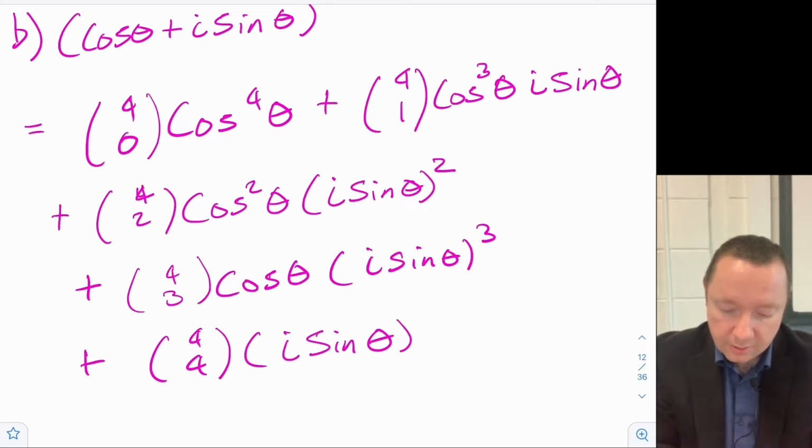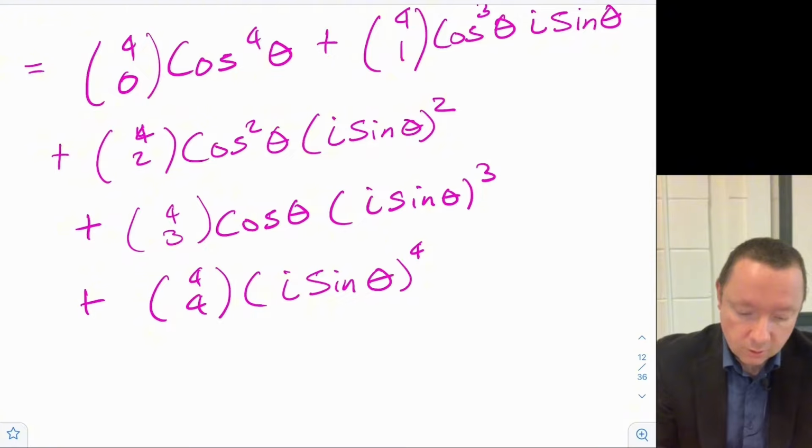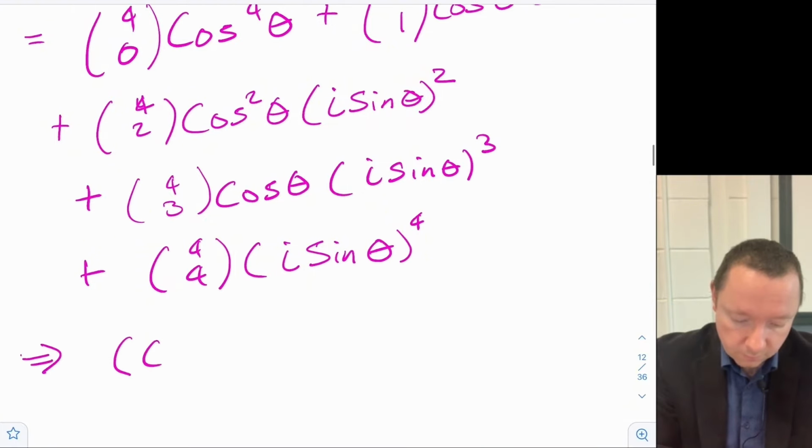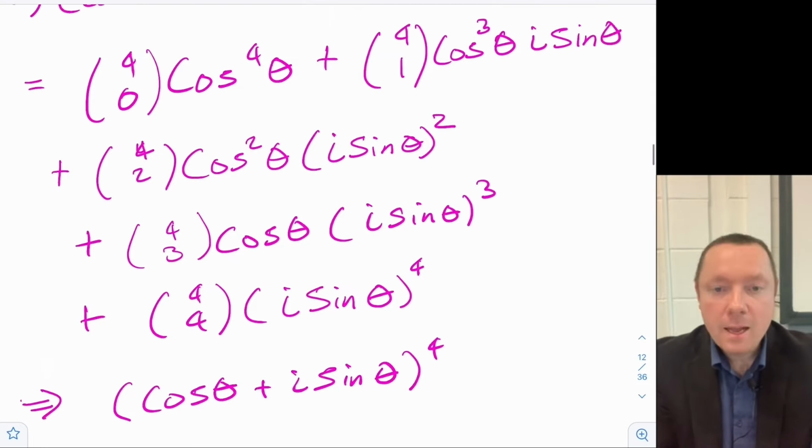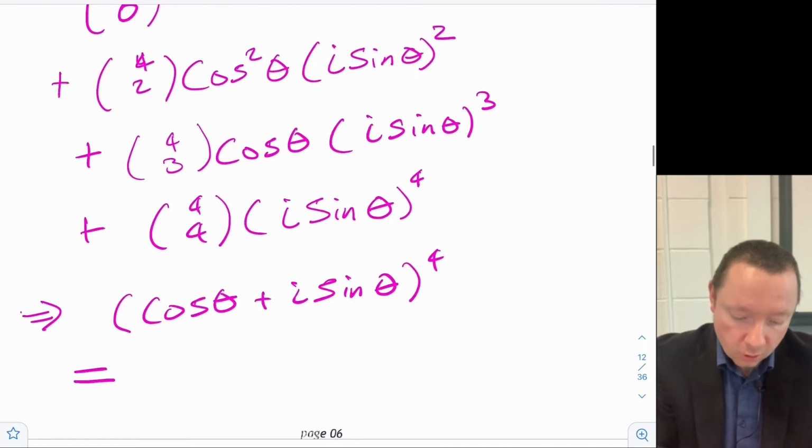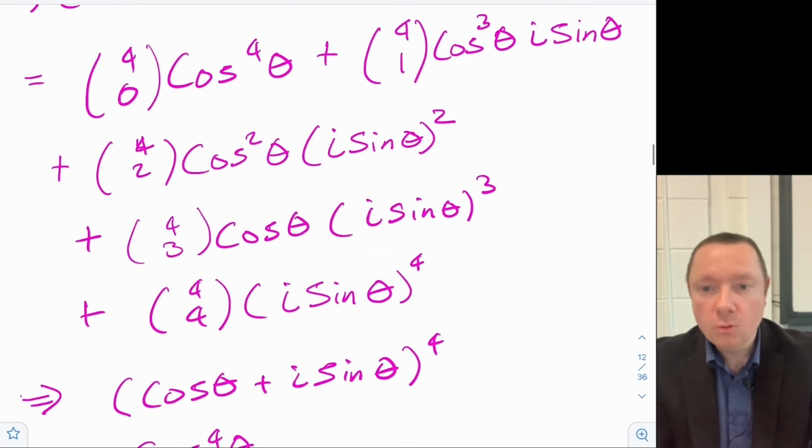So tidying this up, 4 choose 0 is 1, so we've got cos to the power of 4 theta. 4 choose 1, well, that's 4 factorial over 1 factorial, 3 factorial if you were taking your time, which is just 4.